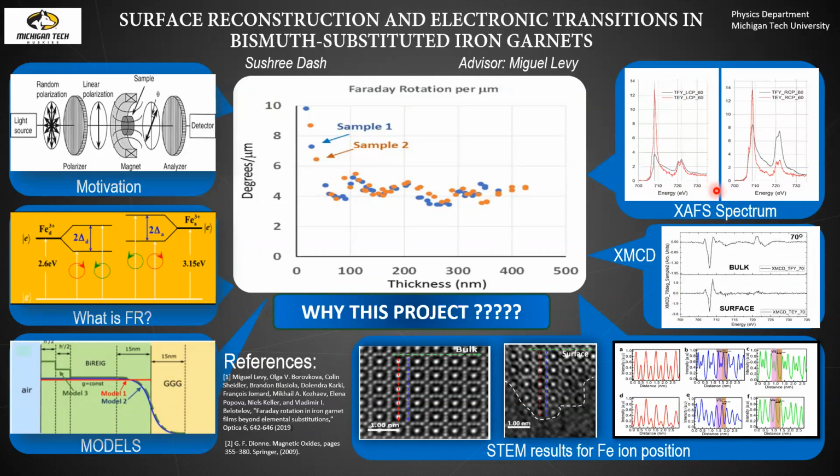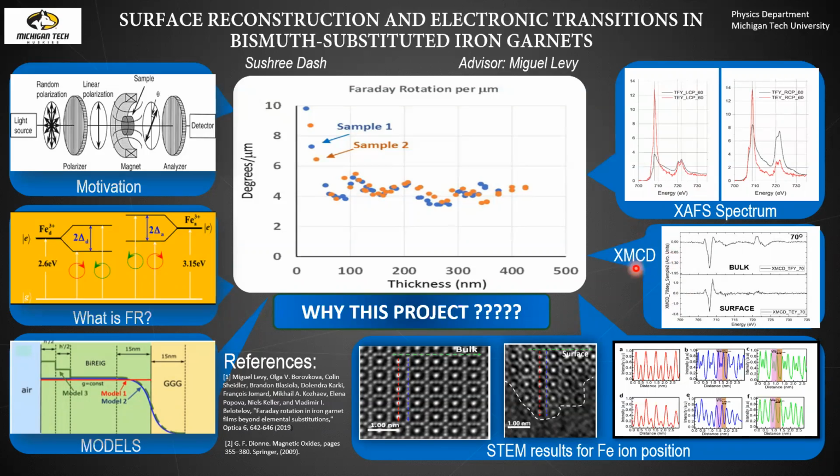The XAS was done in two parts. One is TEY, which is total electron yield, to see the surface electronic structure or the surface ion spectrum of the sample, and TFY, which is total fluorescence yield, which would see the bulk structure or bulk transitions of ion.